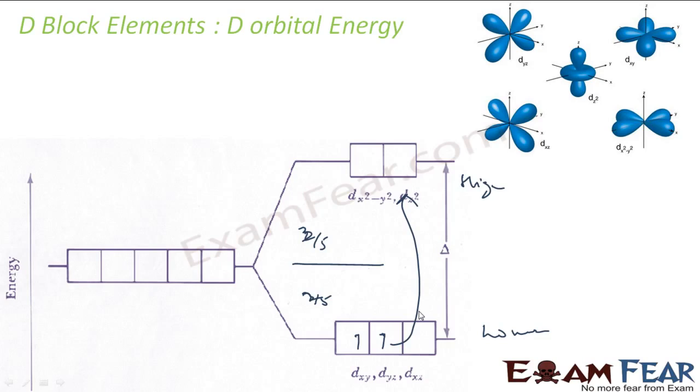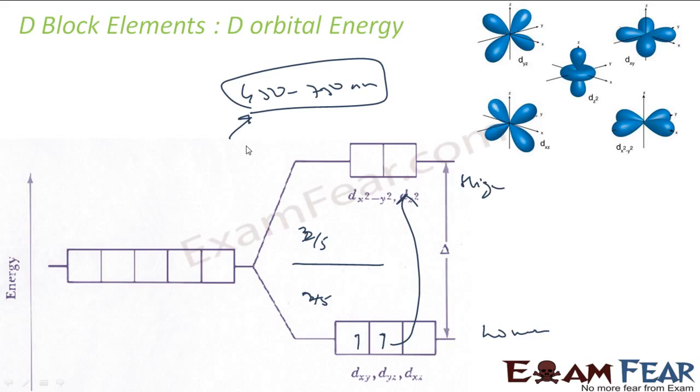This ray is in the visible spectrum, 400 to 750 nanometer. They take energy in this range and go to a higher state. Since they take some energy from sunlight or any light, that particular energy is absorbed and the remaining is transmitted back, and we can see that color with our eye.